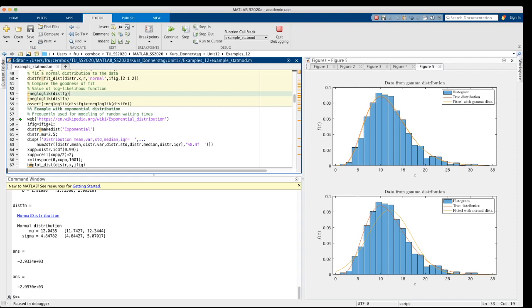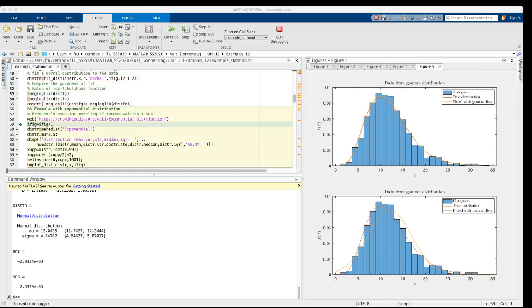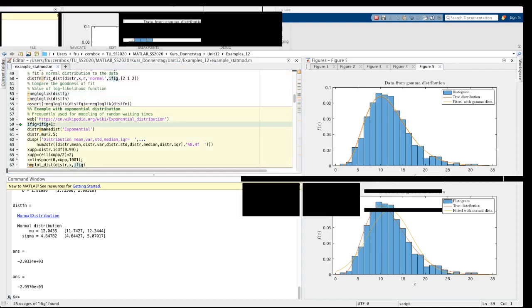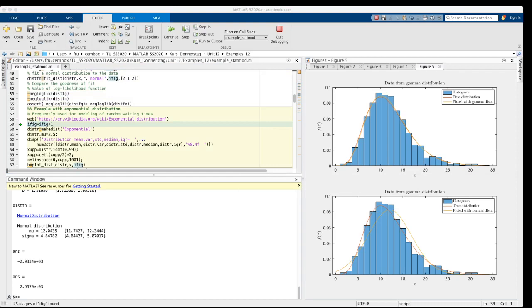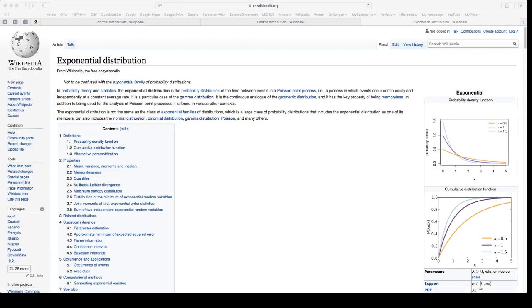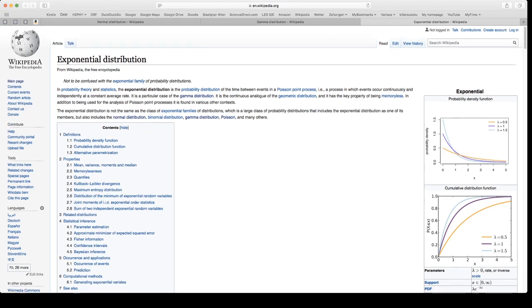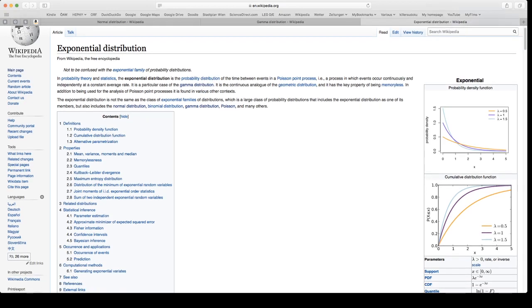So let's have a quick look in Wikipedia for the exponential distribution. So here we are. You see that the PDF is just a decaying exponential function. It has the form you see in the lower right corner.